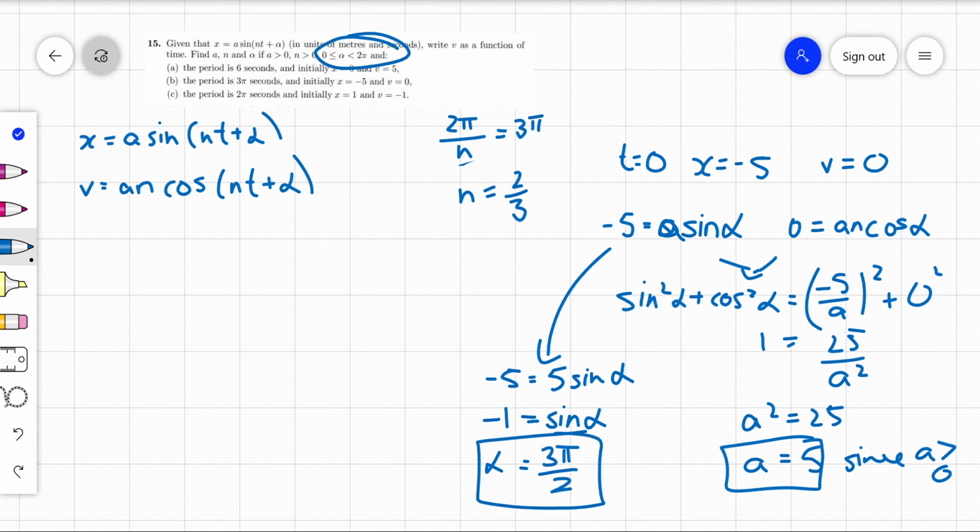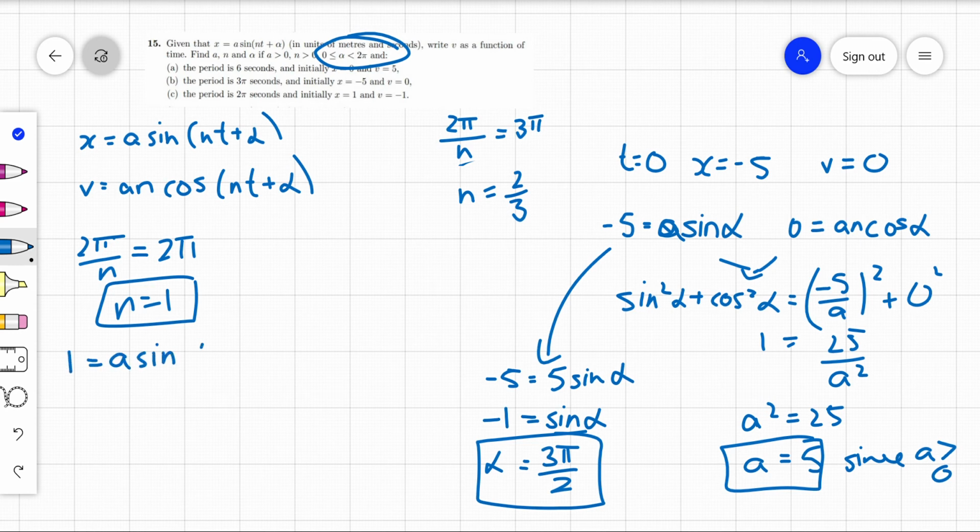All right, so let's do C. For C, we're given 2 pi on n, so the period is 2 pi, so clearly n equals 1, so that's nice and easy. Initially, x is 1 when t is 0, and v is -1 when t is 0, and I've put n equals 1 in there as well.